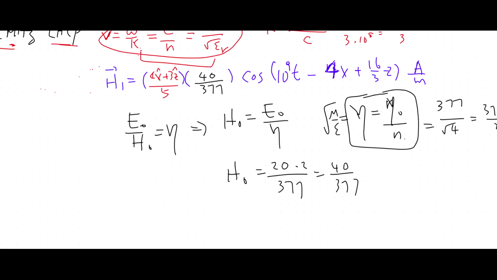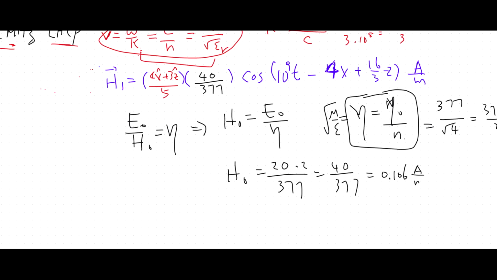The magnetic field magnitude is the electric field divided by 377. 377 usually is much bigger than the amplitude of the electric field, right? So this number usually is a couple orders of magnitude smaller than the electric field. So very often we use milliamp. So let me write it. So this is 106. So let me write it down first. So this is equal to 0.106, right? Amp per meter.